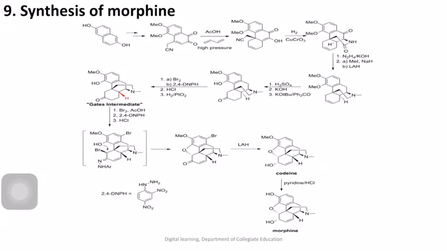Finally, the structure is confirmed by its synthesis. The starting material for the synthesis of morphine is dihydroxynaphthalene, which undergoes a series of reactions to give a compound containing a dimethoxy group in the benzene ring, and in the other ring there are two ketones and one CH2CN group. Then it is subjected to further reaction to convert one of the CO groups to OH, and there will be another cyclic ring formation.